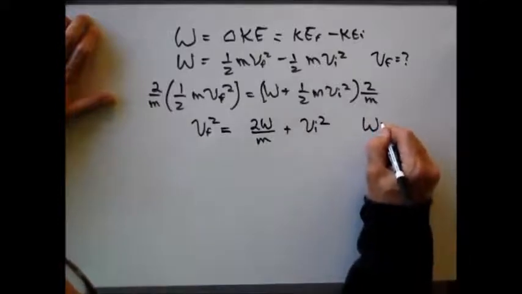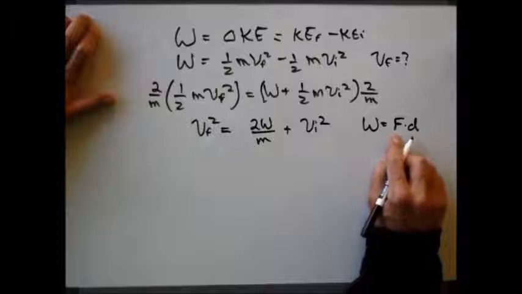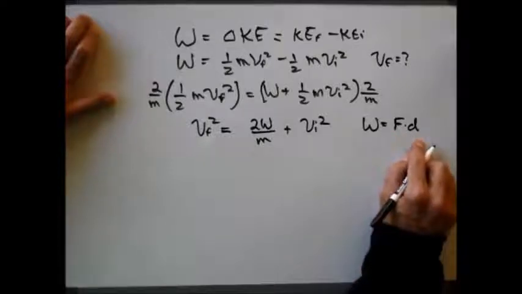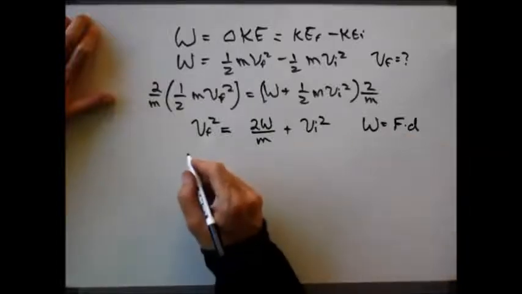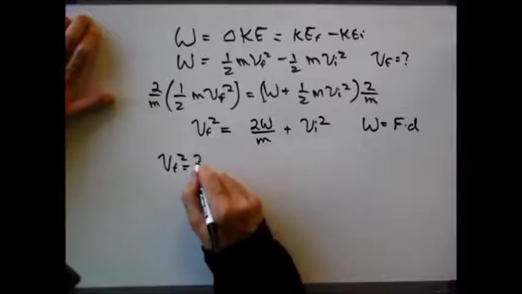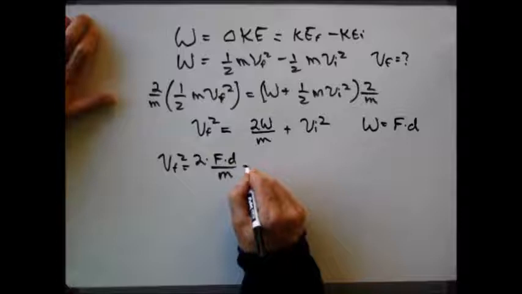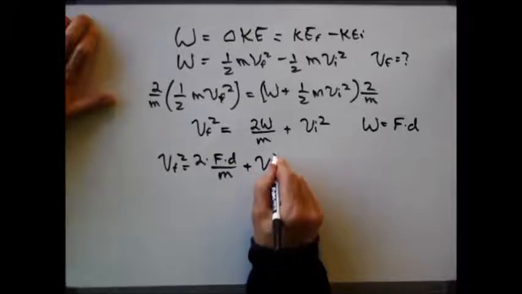Well, we remember that the work done is just the force times the distance, right? That's how hard his foot was pushing times how long that force was in contact with the ball. And so this becomes V final squared is equal to 2 times the force times the distance divided by the mass plus V initial squared.